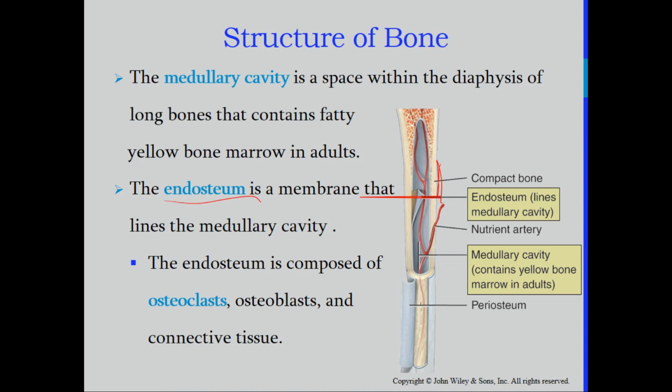The endosteum is going to be covering the inside of the bone. The endosteum is composed of osteoclasts, osteoblasts, and connective tissue. So the osteoblasts lay down new bone matrix. Osteoclasts eat the old bone matrix away.